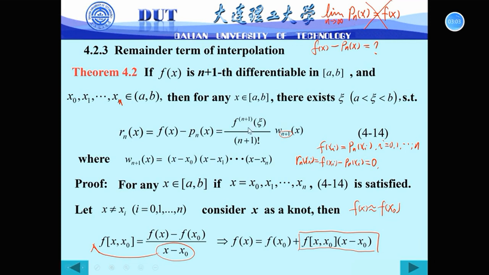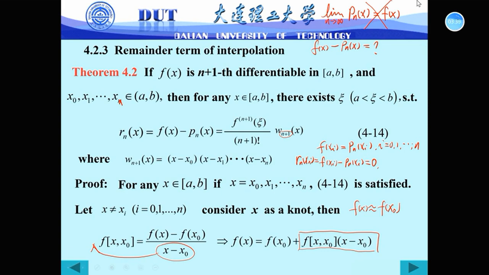Why? Because n here means the degree of the polynomial, and also n plus 1 is the number of nodes. That means when you add one node, you increase the degree of P_n. However, high degree polynomials are not good for computation.